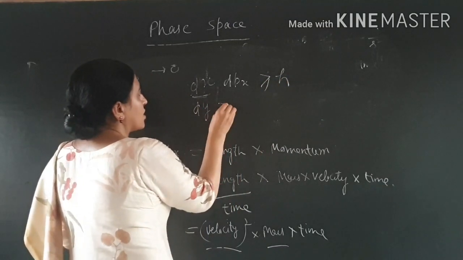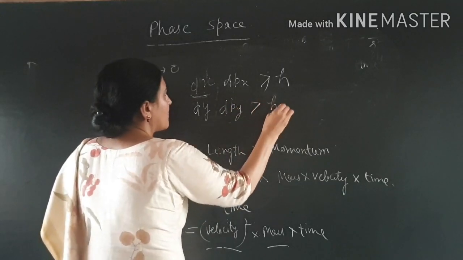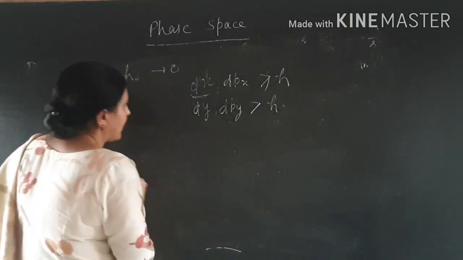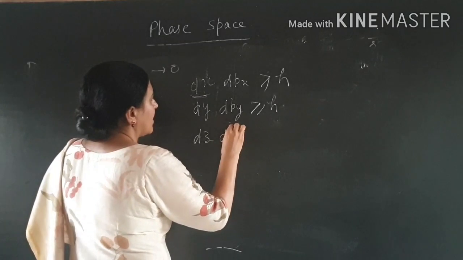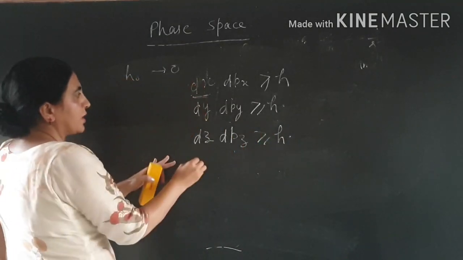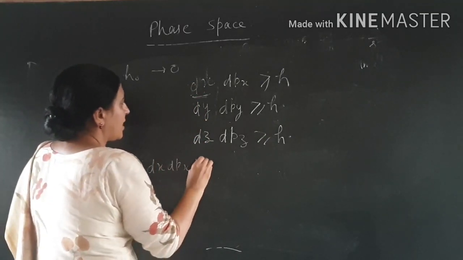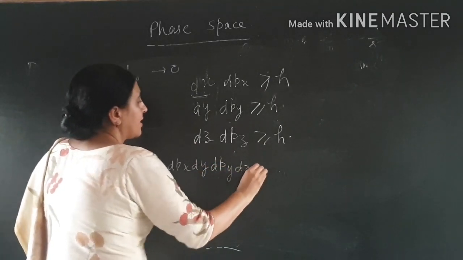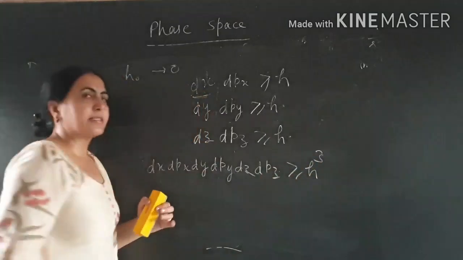Similarly, because we have six coordinates, dy dpy is greater than or equal to h, and dz dpz is greater than or equal to h. Clear? So when we combine these three, dx dpx dy dpy dz dpz is greater than or equal to h cube, where h is Planck's constant.